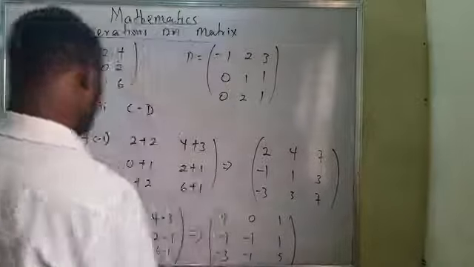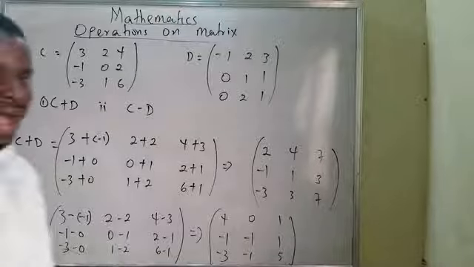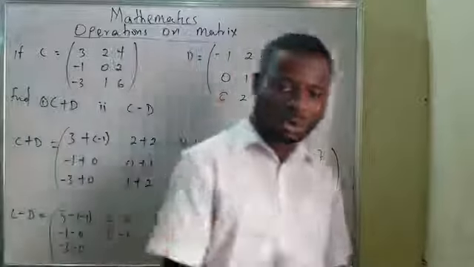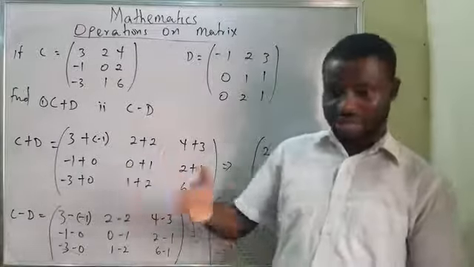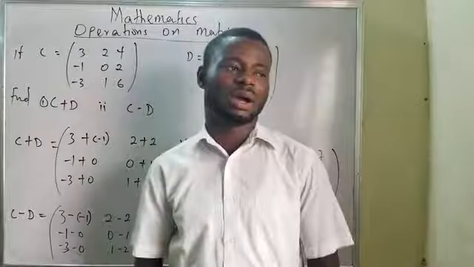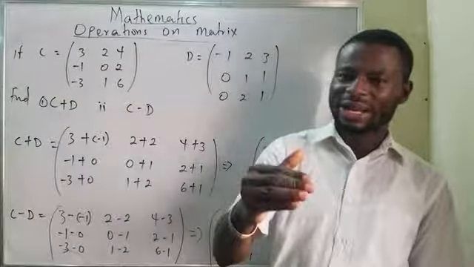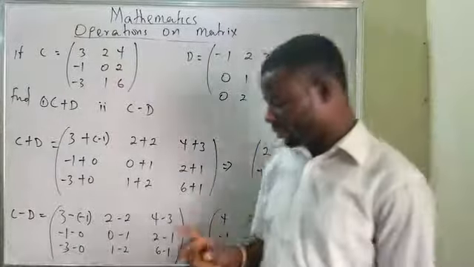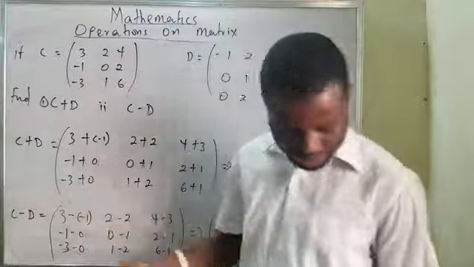That is all you need to understand on that. With this, you can see the way we add and subtract both 3 by 3 square matrices together. Please take note that before you perform the operation, I repeat, the order must be the same. And you can add a matrix with a scalar, which is a number.